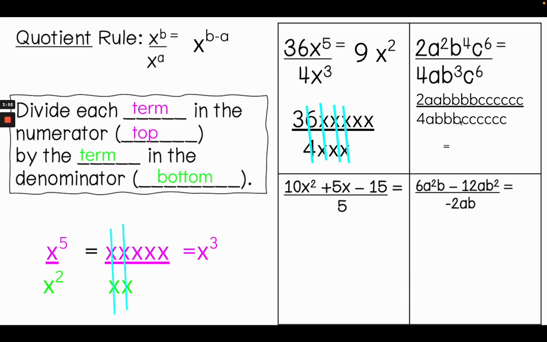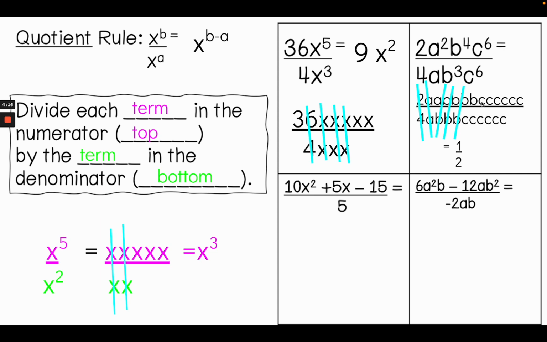And let's, again, simplify. 2 divided by 4 is 1/2. And then here, I can see that I'm going to cancel out 1 set of a's. I'll cancel 1 set of b's, 2 sets of b's, 3 sets of b's. So I still have this a left and this b left.